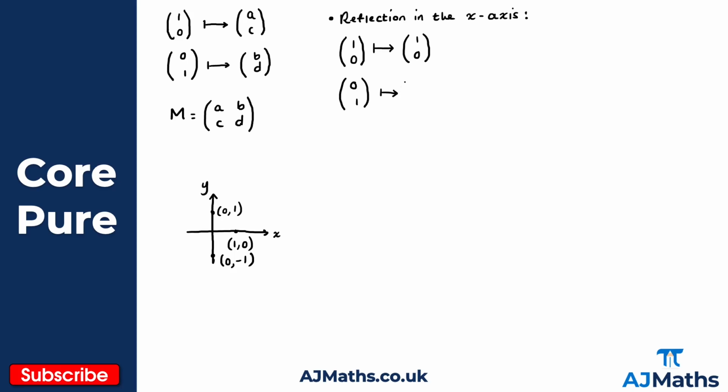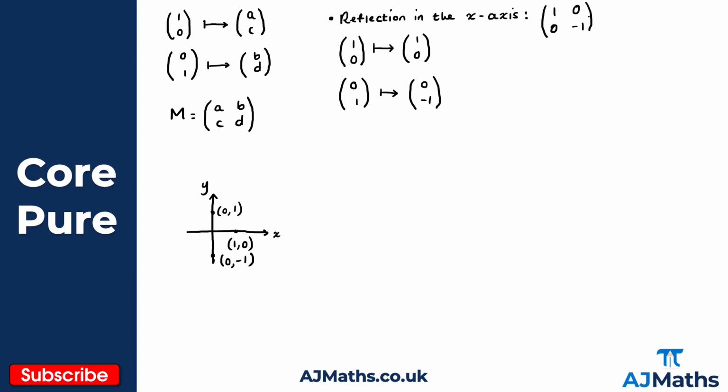So using these mappings, we can easily derive the 2 by 2 matrix that represents a reflection in the x-axis. We use (1, 0) as the first column, and (0, minus 1) as the second column. So the 2 by 2 matrix that represents a reflection in the x-axis is (1, 0; 0, minus 1).